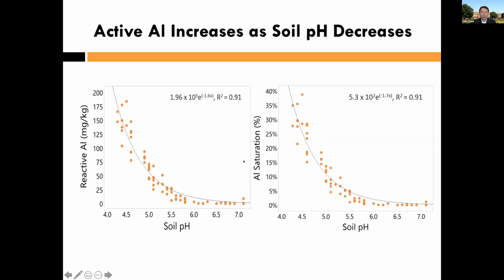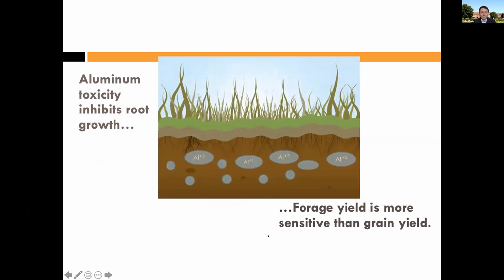Those aluminum will be adsorbed on the cation exchange sites, increasing aluminum saturation. So when this aluminum saturation reaches 10, 15%, it can become a serious problem, okay? So these are the relationships, how pH contributes to aluminum increase, which then affects the plants.